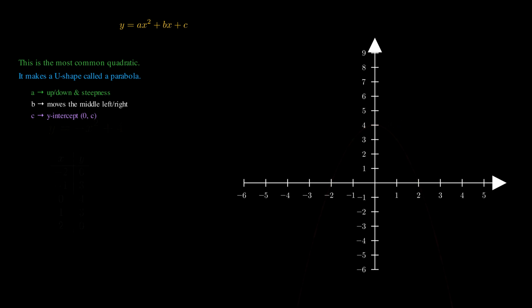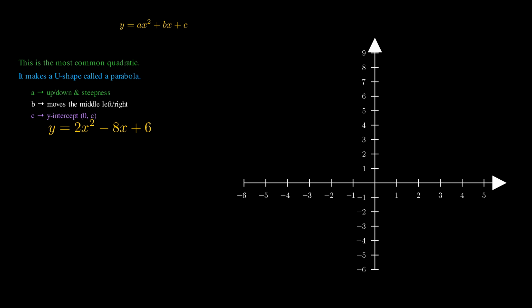Now let's look at a more challenging example. Y equals 2x squared minus 8x plus 6. A equals 2. 2 is positive, so the graph opens up. Because A is bigger than 1, the parabola will be steeper, skinnier. B changes where the middle is. To catch the turning point, we choose x values near 2.